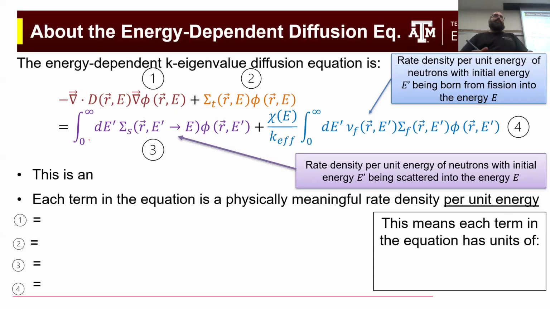And we have integrals, so it's not just a differential equation. This is called an integro-differential equation, and it has that name because it has integrals and derivatives inside it.